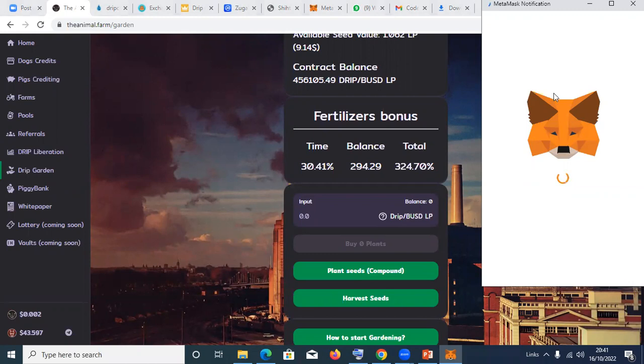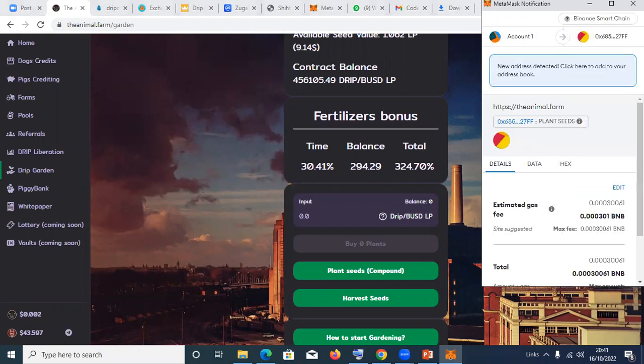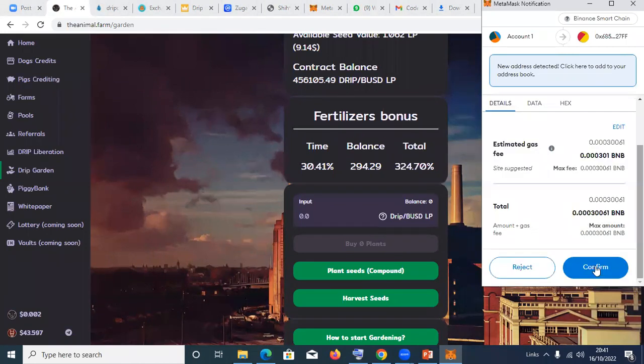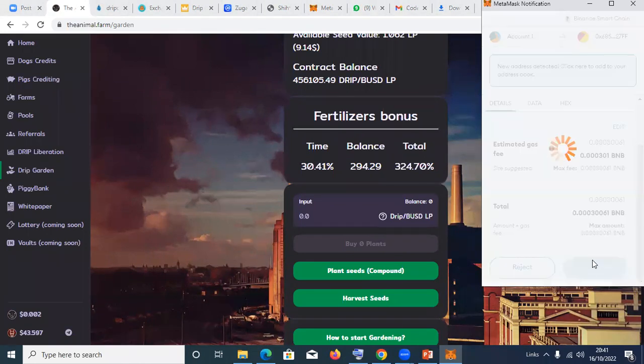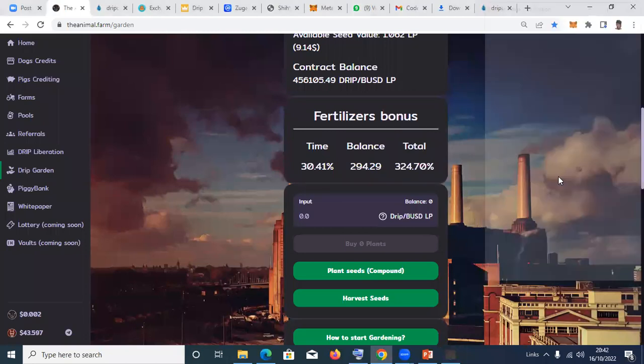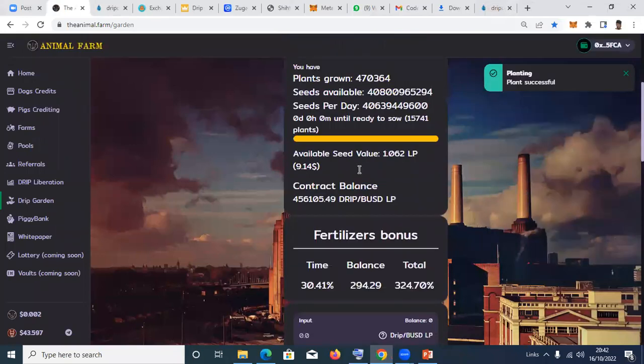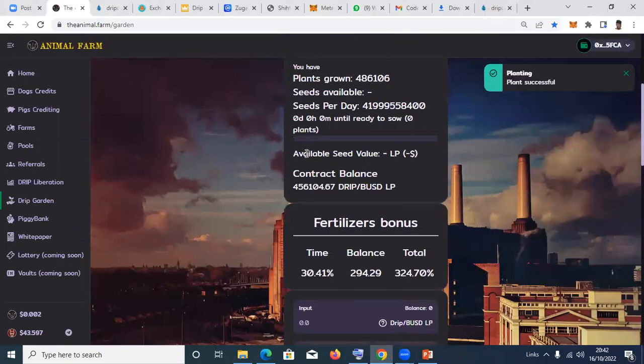my MetaMask will pop up where I'll have a gas fee to pay. This gas fee is also a contribution to the pool that generates revenue where you are also being paid. Now, so I'm going to plant this seed. I'm going to confirm it now. As I've confirmed, it will process, and then this $9.14 that was here has disappeared.